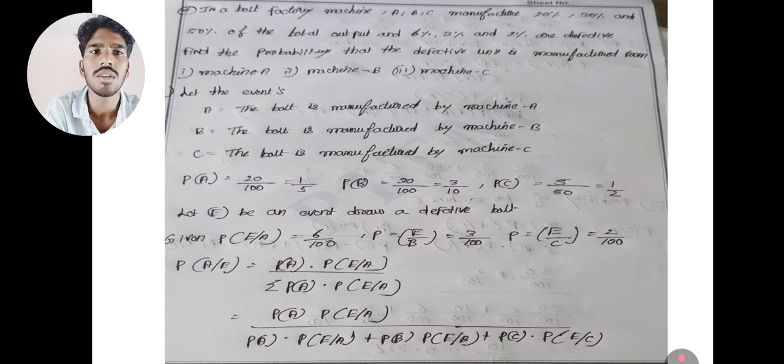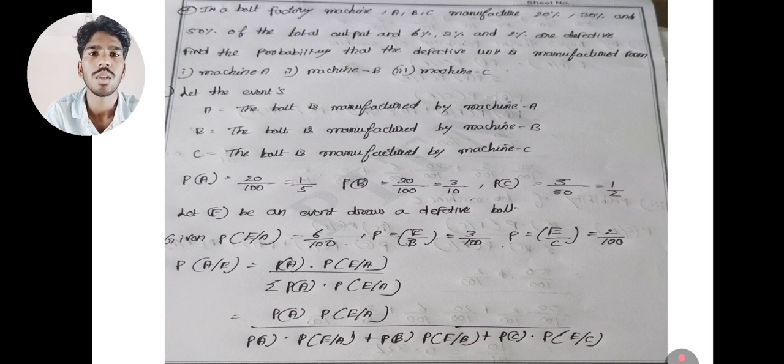Let E be the event of drawing a defective bolt. We use E to find the probability for all three machines, using P(E/A), P(E/B) and P(E/C). First we find the probability of the first machine A, and to find that probability we use the formula, which I will also explain.